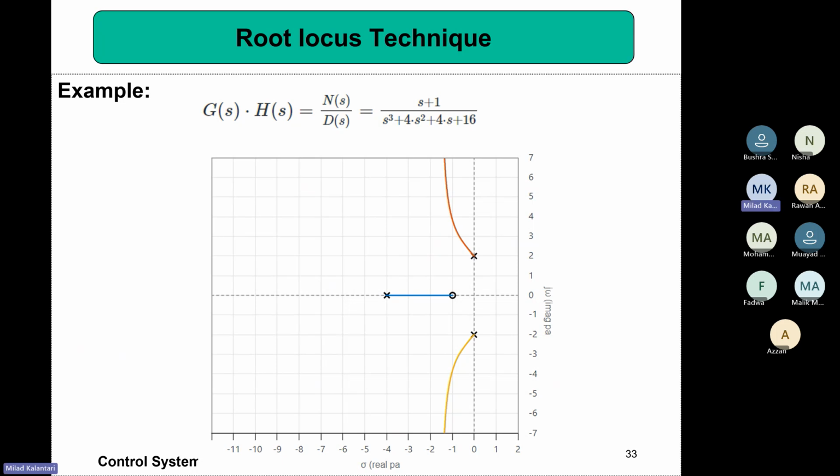So let's try to see the other cases like this. These are some examples, just to see different cases, right? So first of all, what we did is try to find the poles and zeros of the open loop, right? So the zero is clear, it is -1, but if you maybe simplify this, you will figure out there is one pole here at this -4, right?